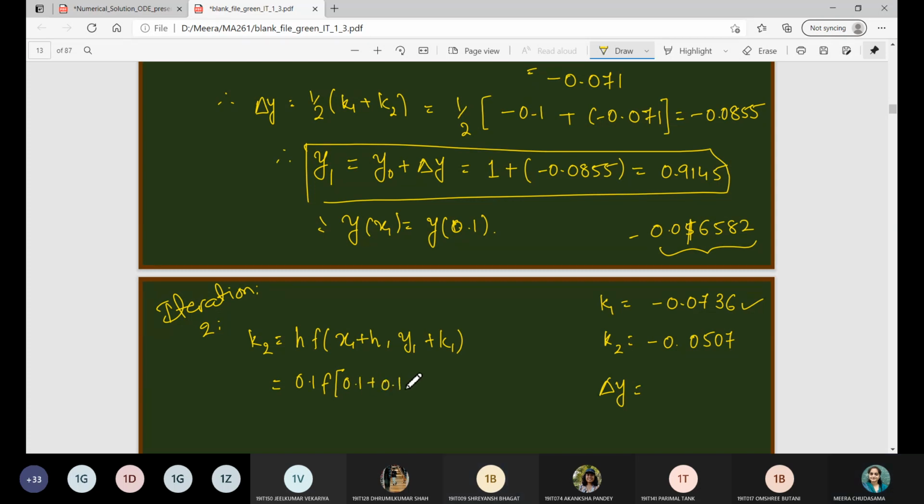I am asking the person who has given this answer. Okay, fine. So the y1 value is nothing but the last iterated value, that is 0.9145, minus k1, which is 0.0736. So this is nothing but 0.1 f at 0.2. Evaluate this and let me know the answer.